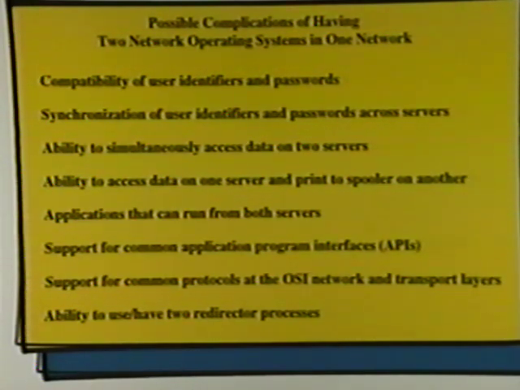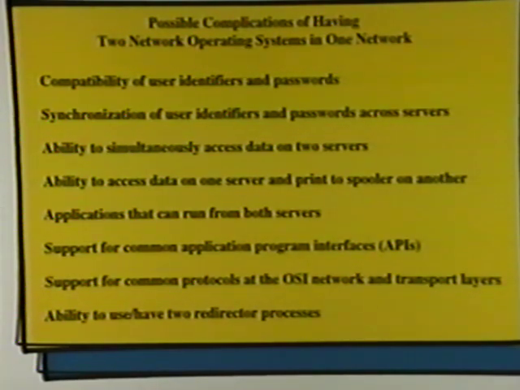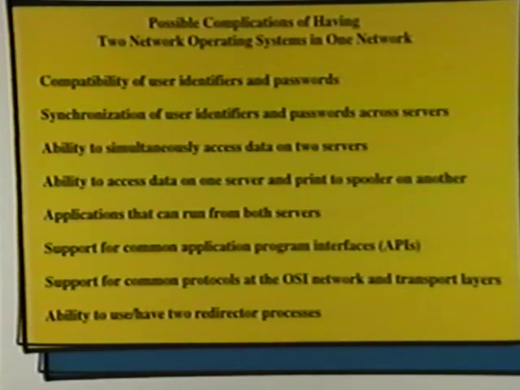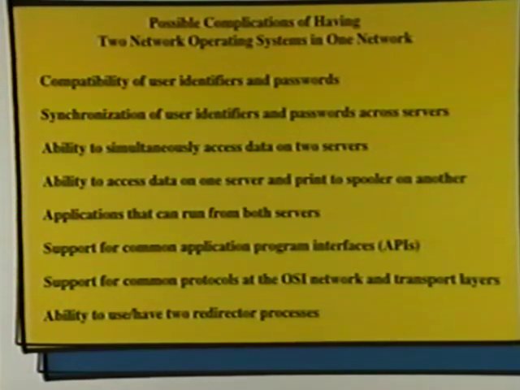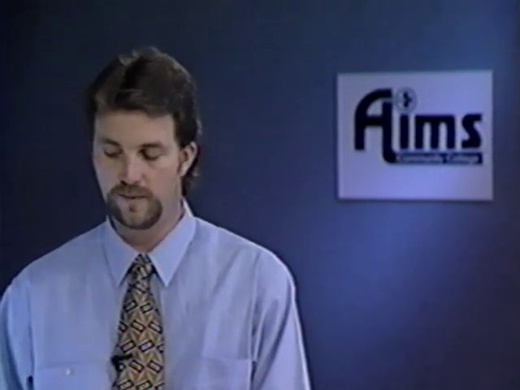Similarly, even though an OSI network and transport layer usually try to have the same type of peer-to-peer protocols, sometimes we end up having complications if two different operating systems are used. And finally, having two redirector processes also leads to complications when we have more than one network operating system on servers in our local area network.